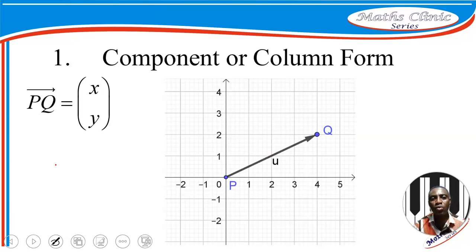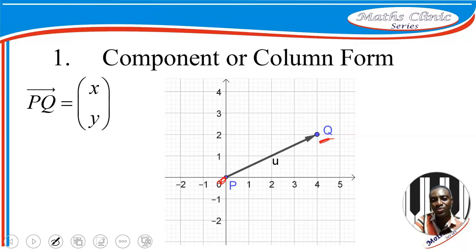The first one is called component or column form of a vector. We can represent a vector by looking at the x component and y component to give us the direction and the magnitude. For example, if you look at the graph here, we have a point P and a point Q. That means we are at P, let's say Pokuase, and we are going to Kwashiman.